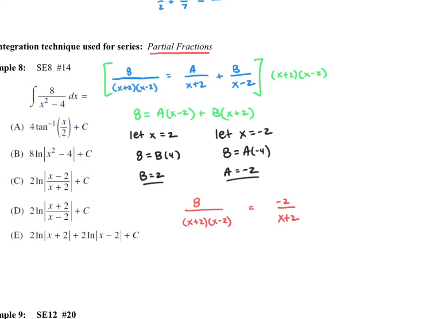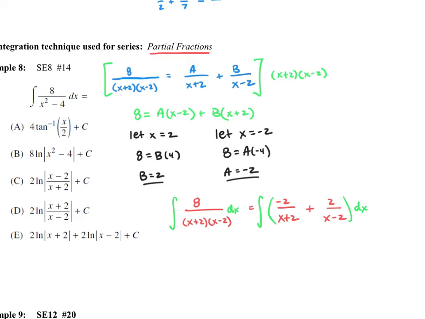And then we have plus b is 2 divided by x minus 2. So I've decomposed this fraction. In other words, if you were to combine these two fractions by coming up with a common denominator, you would get this single fraction. Now, we were unable to integrate the one on the left because we just didn't have any technique for that. And so let's just go ahead and integrate the one on the right.